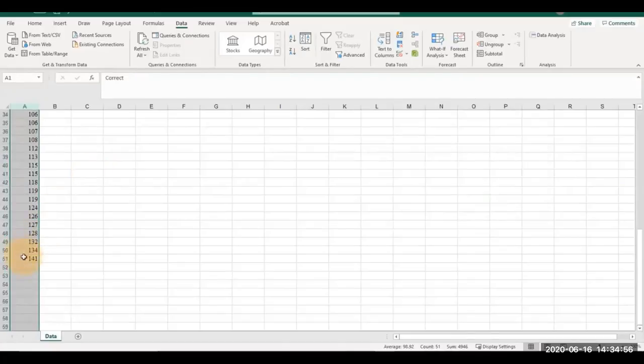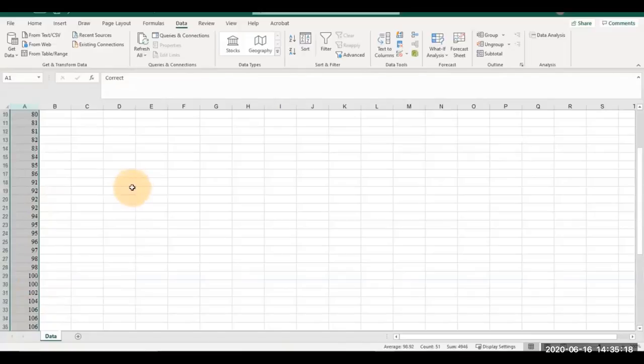So there's 50 pieces of data because the first row is the header. So there's 50 pieces of data here. Okay, so now what we can do is we see that the smallest data is in the 60s and the largest data is in 140s.